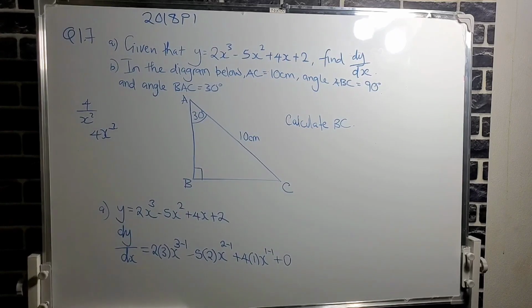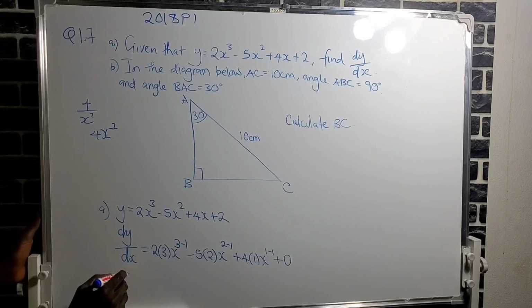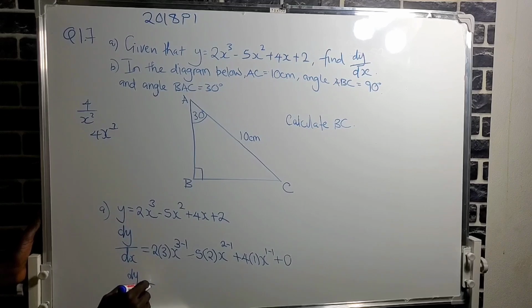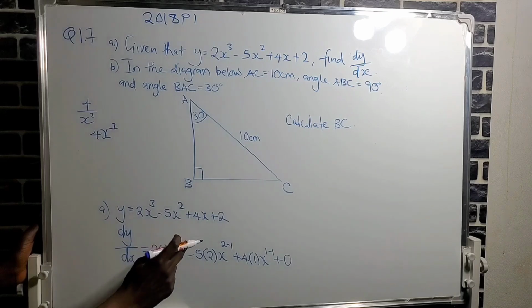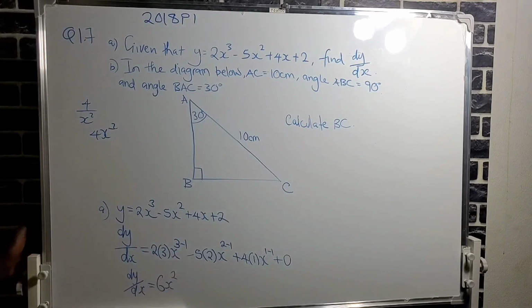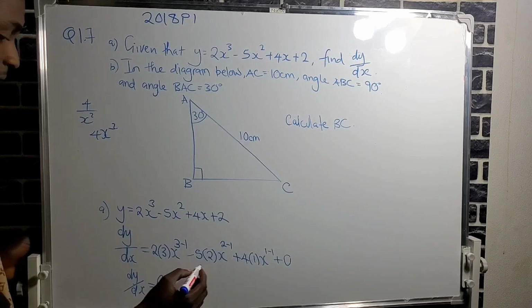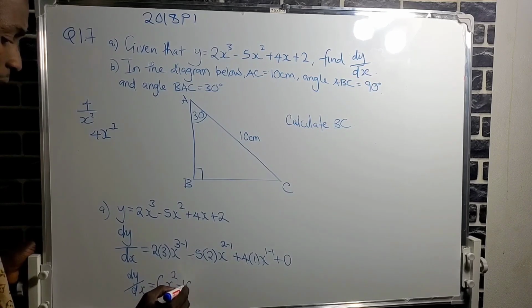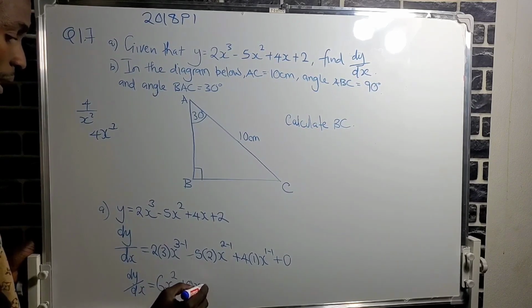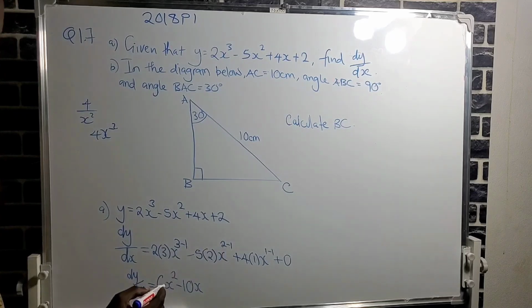Nice. So dy/dx is equal to 2 times 3 is 6, x, 3 minus 1 is 2. We're done with the first term. Let's go to the next. Negative 5 times 2 is negative 10, x, 2 minus 1 is 1.